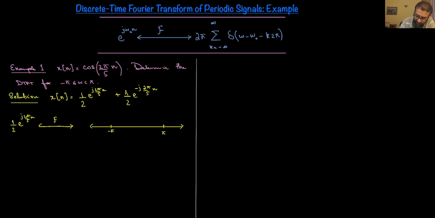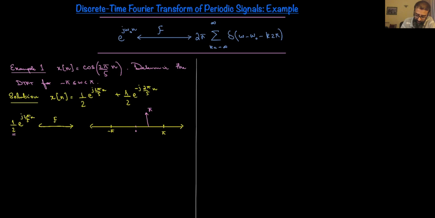Fortunately, 2 pi by 5 resides within this interval. So let's say this is 0. 2 pi by 5 is approximately going to be somewhere over here. And the height for this is going to be 2 pi times 1 by 2, so this is just going to be a height of pi.